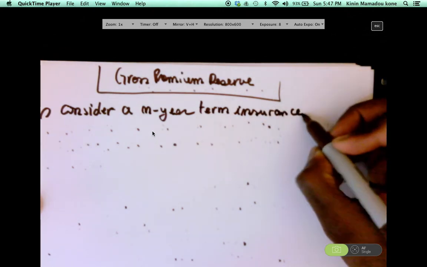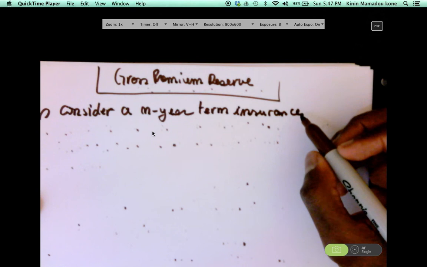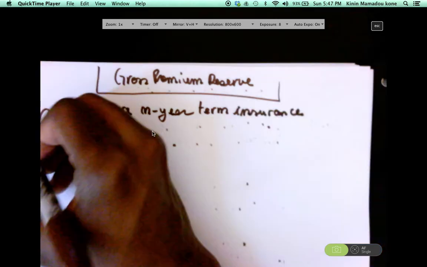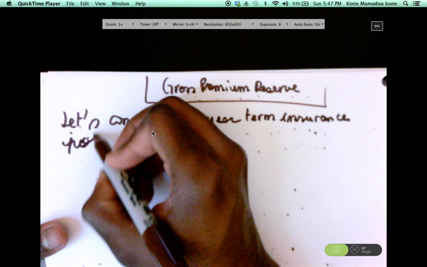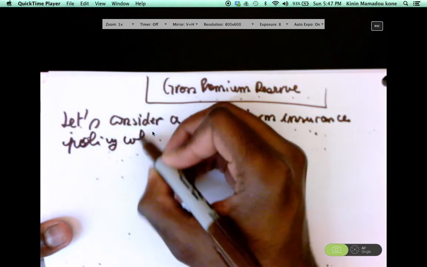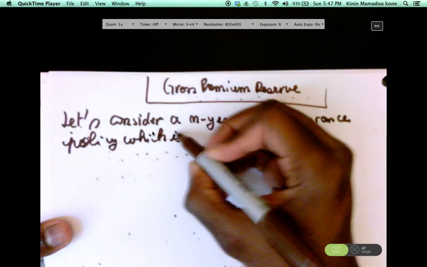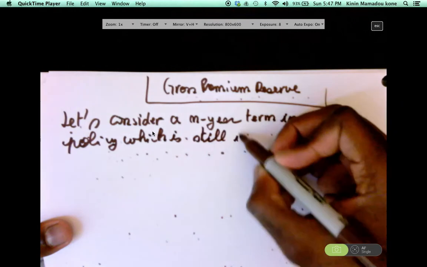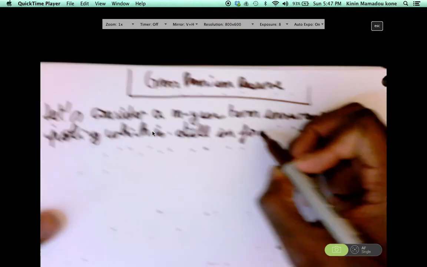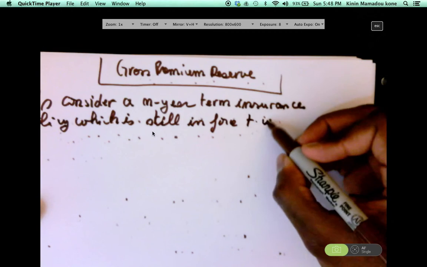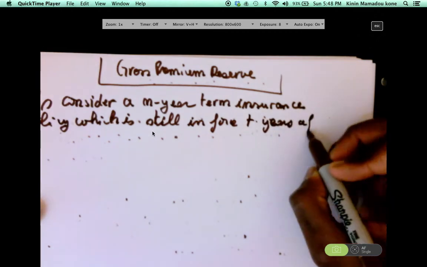That policy, which is still in force 2 years after issue.